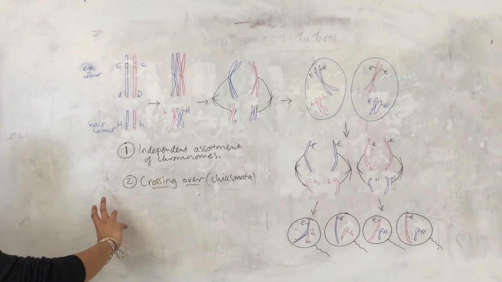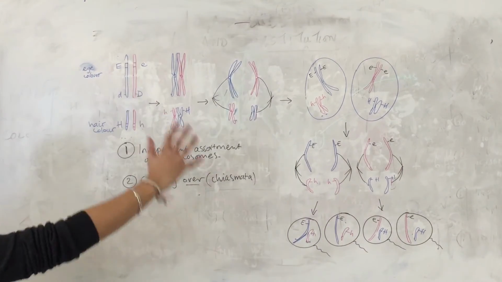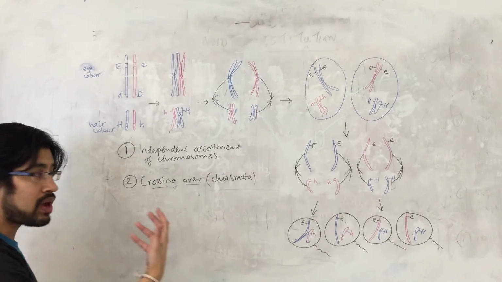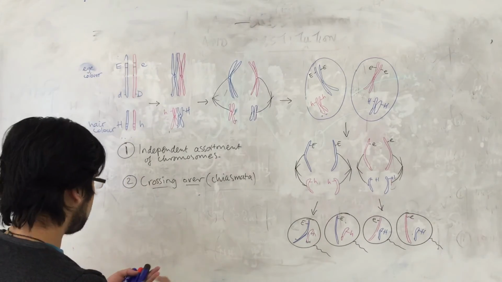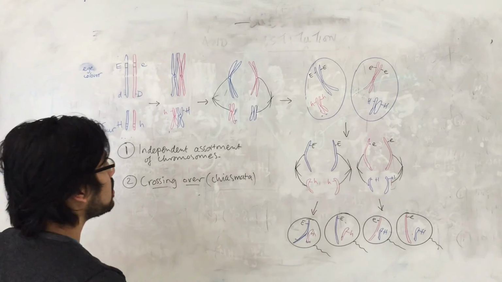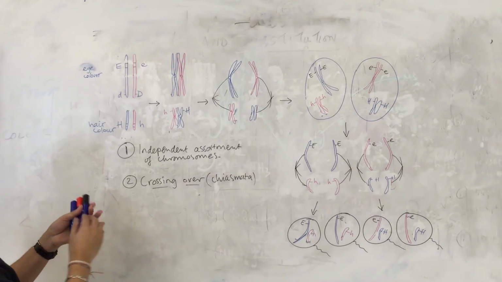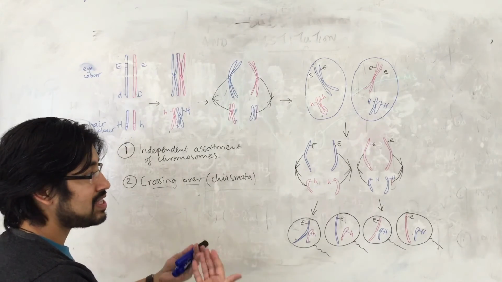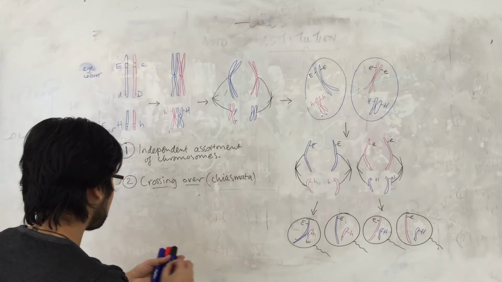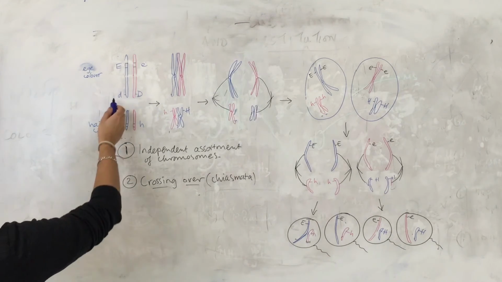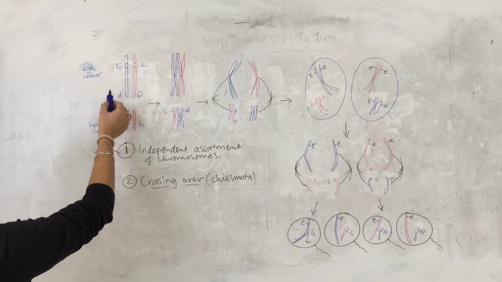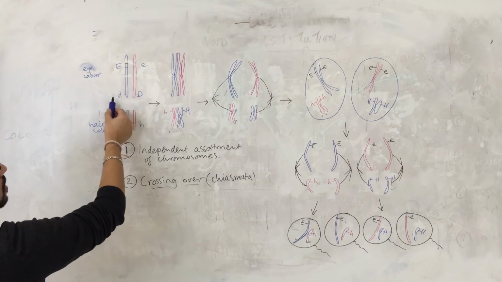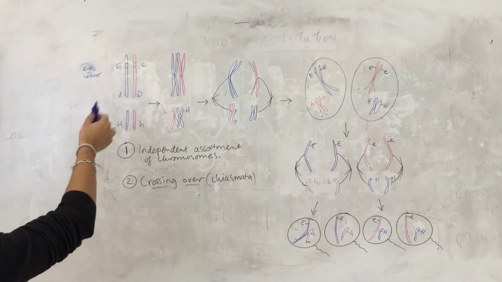So in order to talk about crossing over and what effect that can have on the combinations of alleles that we could possibly be generating in our gametes, and leading to obviously the increasing genetic variation, key term there, genetic variation.